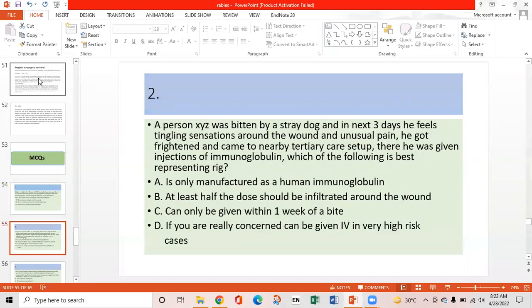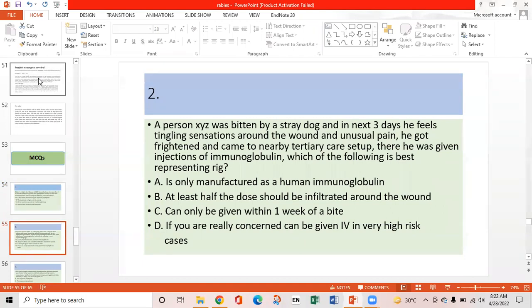Second MCQ: a person XYZ was bitten by a stray dog and in the next 3 days he feels tingling sensations around the wound and unusual pain. He got frightened and came to a nearby tertiary care setup. There he was given injections of immunoglobulin. Which of the following represents this immunoglobulin? Option A, it is only manufactured as human immunoglobulin.